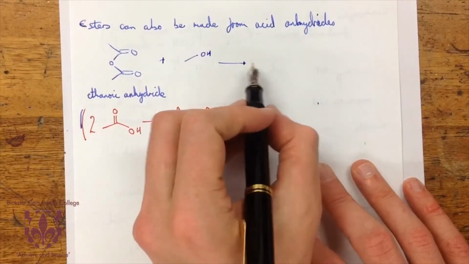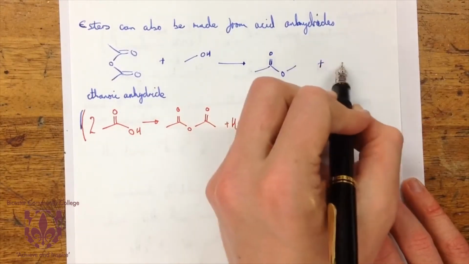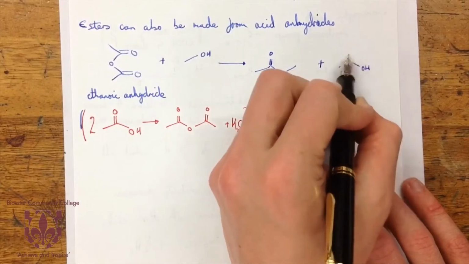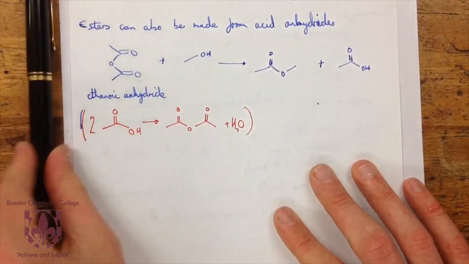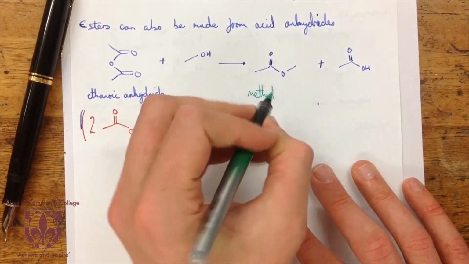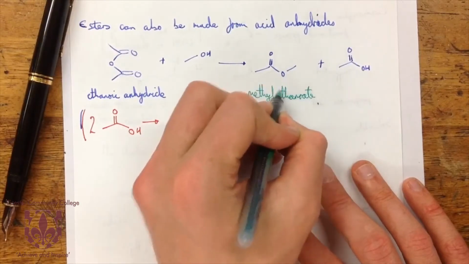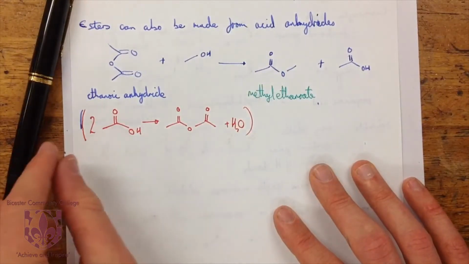And that will make our ester and a carboxylic acid again. Okay? And this ester should be there ahead of me, is methyl ethanoate. Methyl ethanoate. Okay?